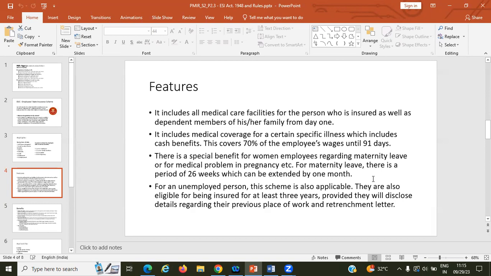Women employees can avail the maternity leave. Most of the time in the private sector, in small organizations, they will not have this facility. So if you are covered under ESI, you can take these benefits and utilize the maternity leave.